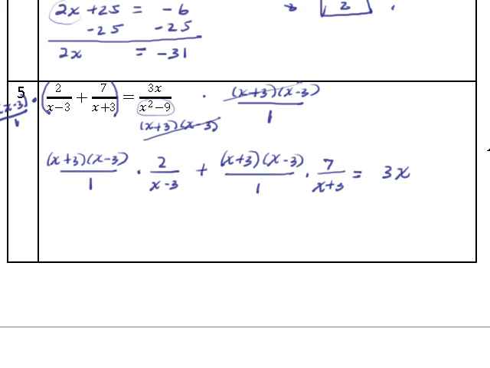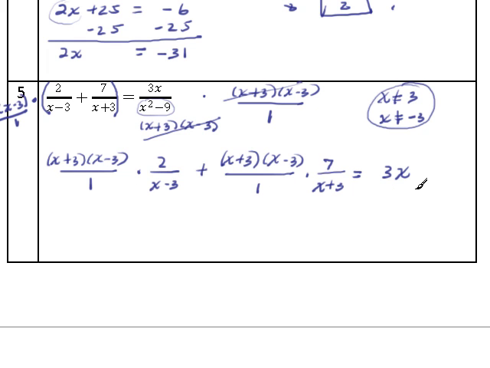Let me mention something important over here. Because we have this x minus 3 and this x plus 3 in the denominator, from the outset, x cannot equal 3 and x cannot equal minus 3, because those values will make the denominator 0.